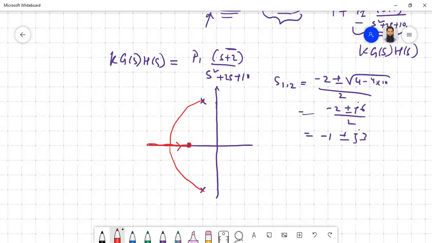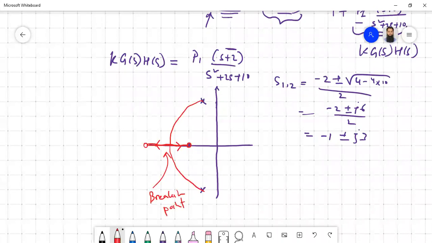Then one of them will be coming here and another one will be coming here, because at infinity you should have another 0. I'm just approximately drawing it, but whenever you're drawing it, you have to figure out what your breaking point is.